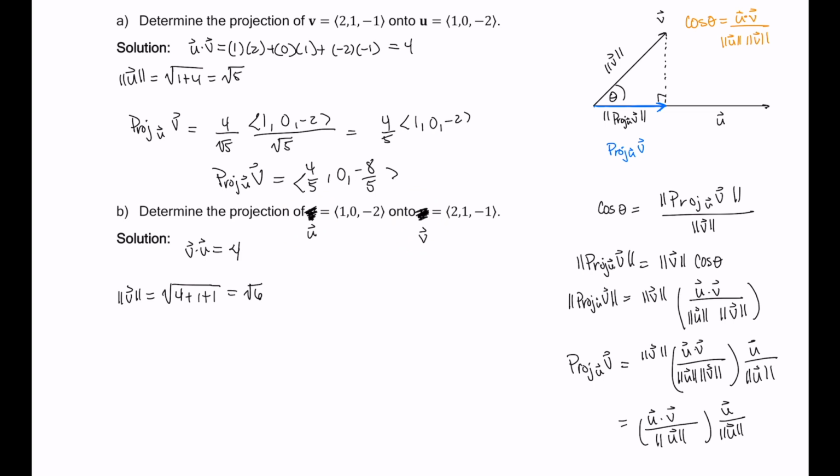All right, so now the projection of u onto v, that's equal to 4 over the square root of 6 times vector v in this case, not vector u. So vector v of 2, 1, negative 1 divided by its magnitude of root 6. So we end up with 4 over 6 times 2, 1, negative 1.